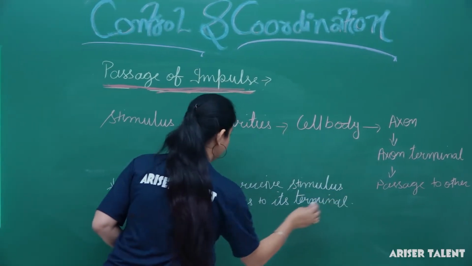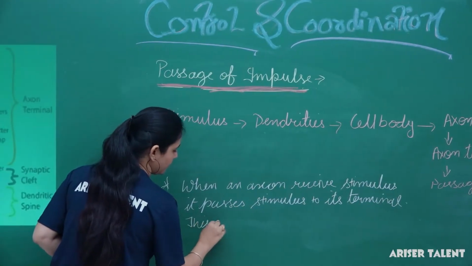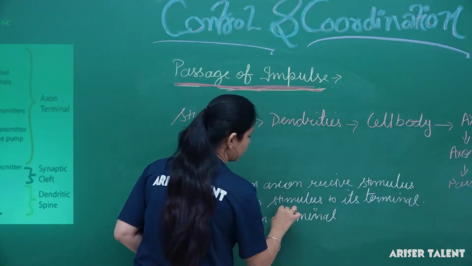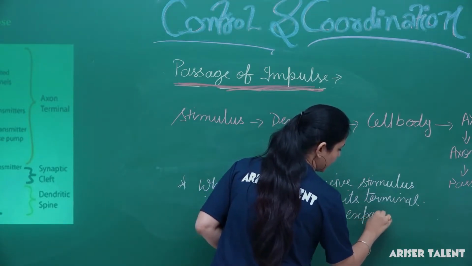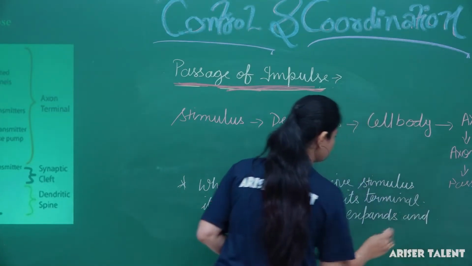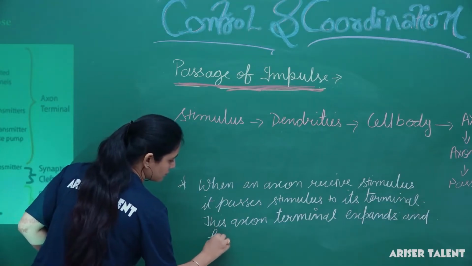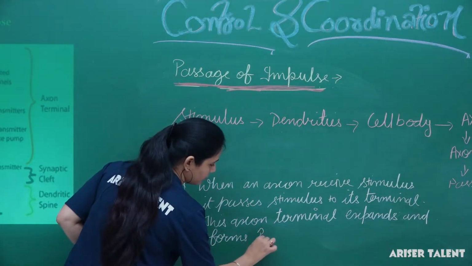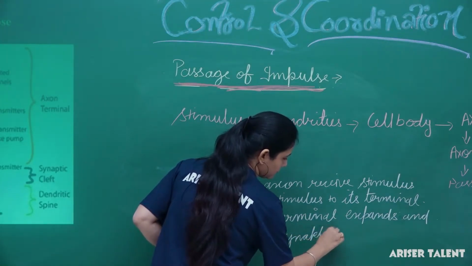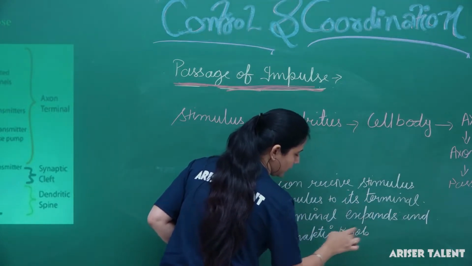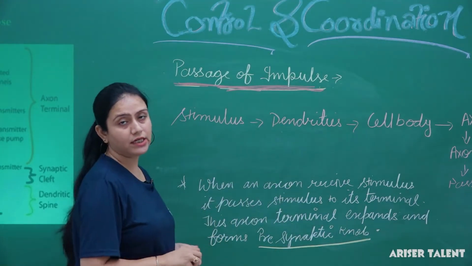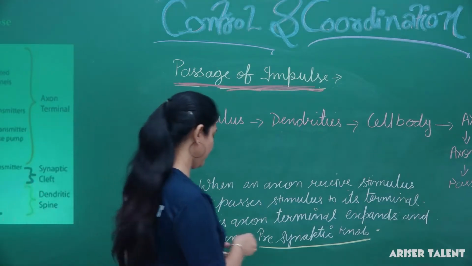Okay, this axon terminal expands and forms the presynaptic knob. Clear? It forms what? It forms the presynaptic knob. Now the vesicles in it are known as synaptic vesicles.